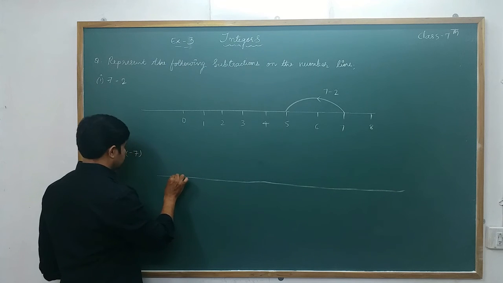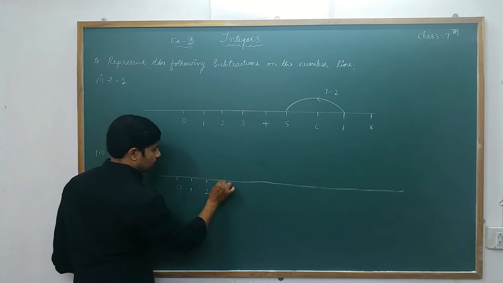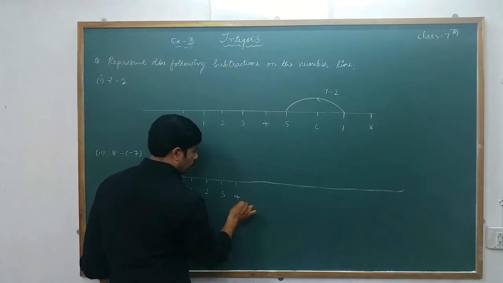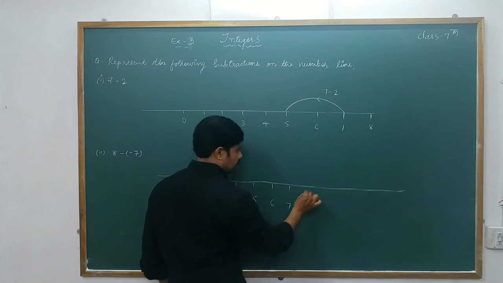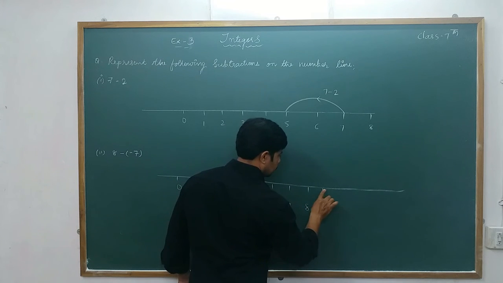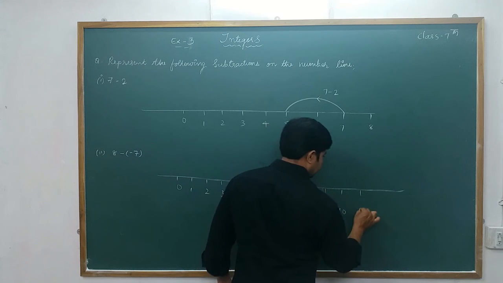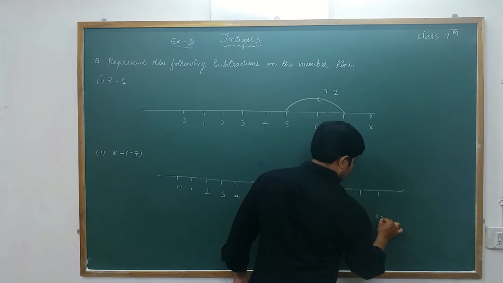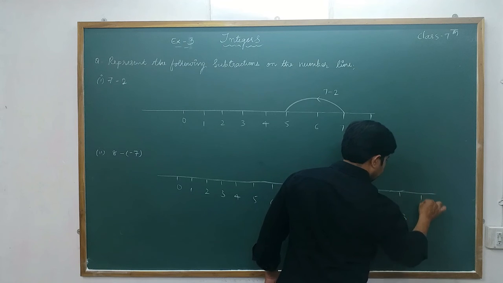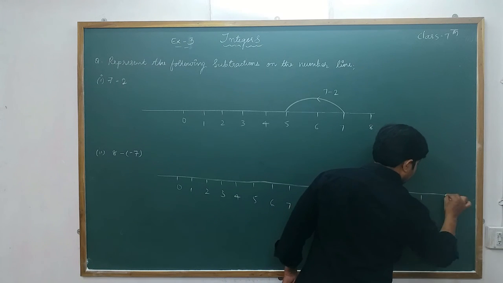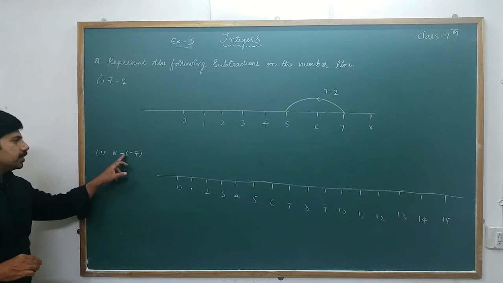So what I will do is 0, 1, 2, 3, 4, 5, 6, 7, 8, 9, 10, 11, 12, 13, 14, 15.